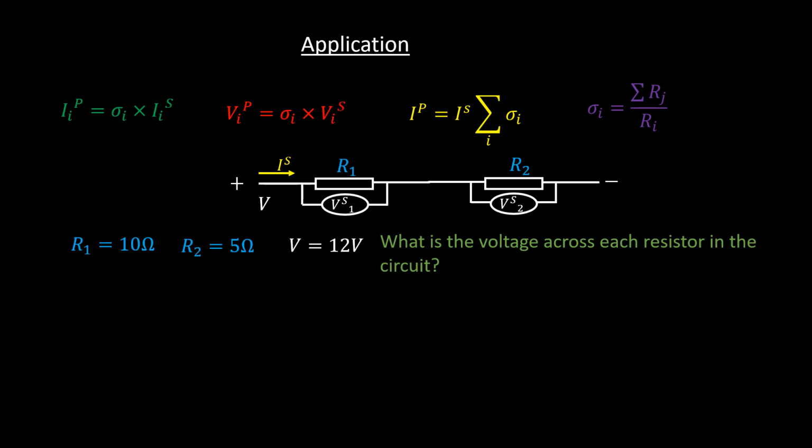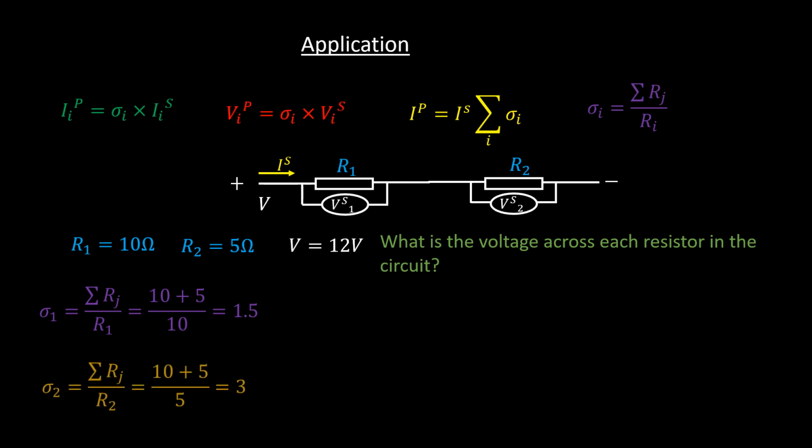We start by finding the relative multiples of the resistors. For R1, sigma 1 is given as the sum of the resistances of all the resistors divided by R1. This gives 1.5. For R2, we have 3.